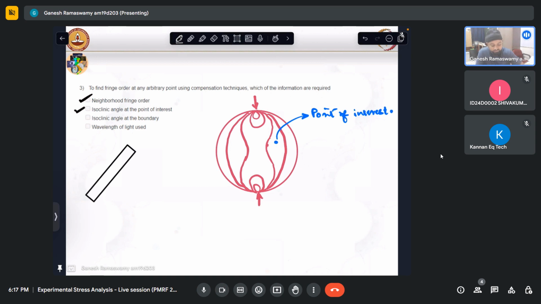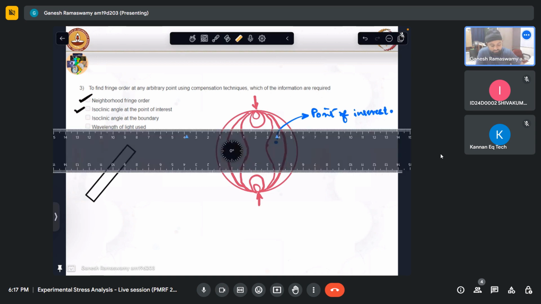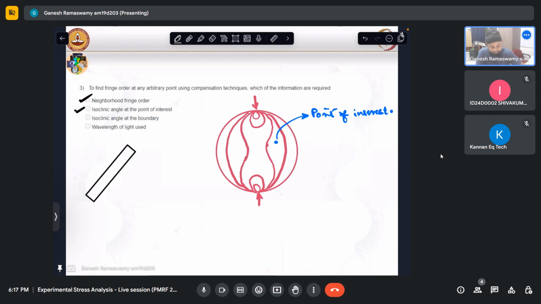One thing to note is generally photoelasticity is whole field. But as soon as we come to compensation techniques, that is, we want to find the fringe order at one point, then it becomes a point by point technique. So compensation essentially is a point by point technique.